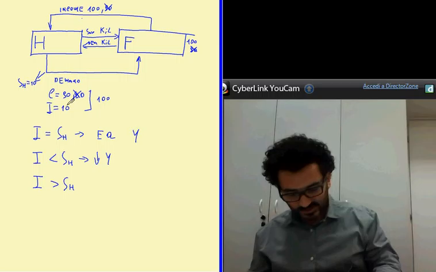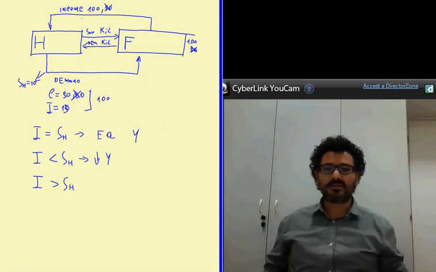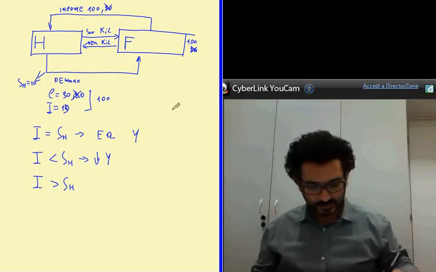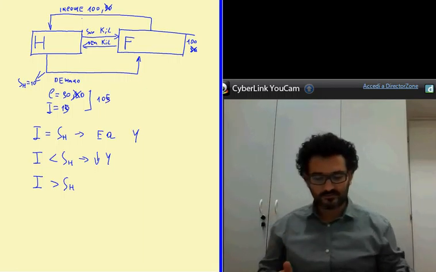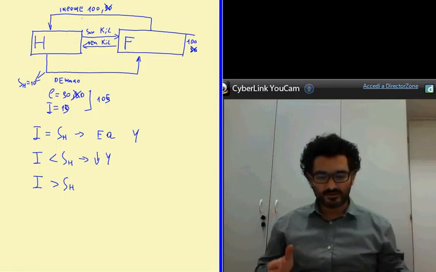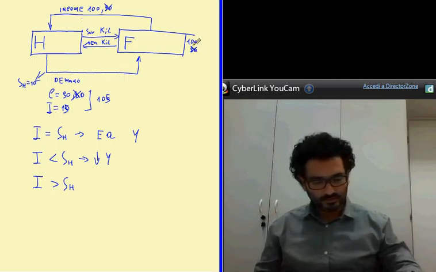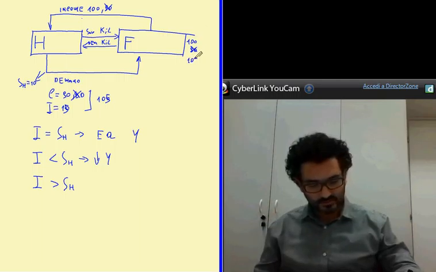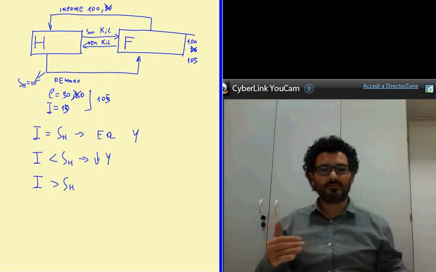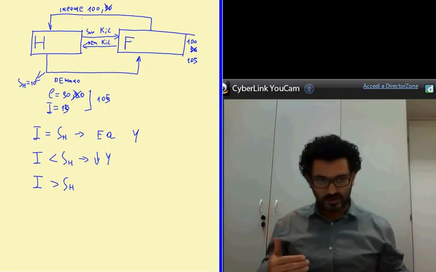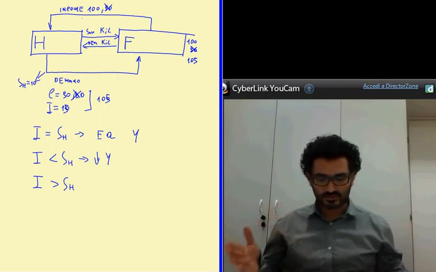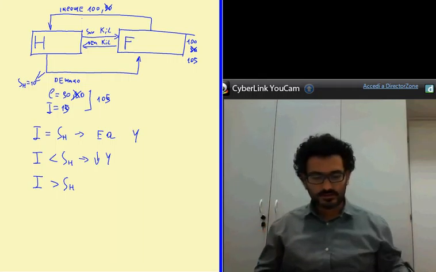In this case, let's try to use an investment equal to 15. This implies that the new level of demand for firms will be equal to 105, 90 of consumption and 15 of investment. So the new production will be equal to 105 because firms produce a level equal to what we can now call total expenditure, which is consumption plus investment in this case.